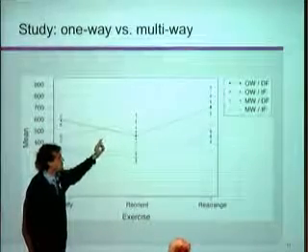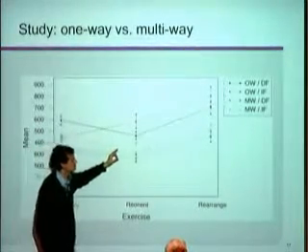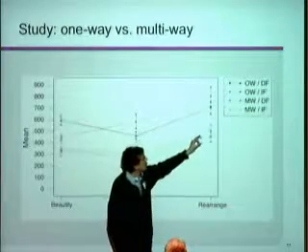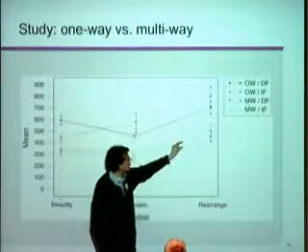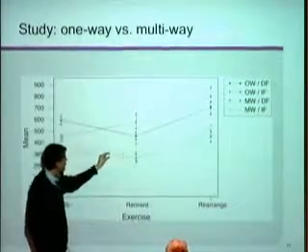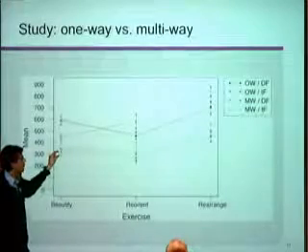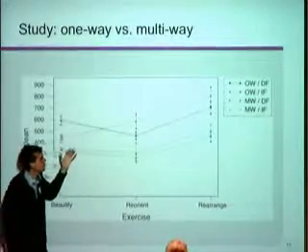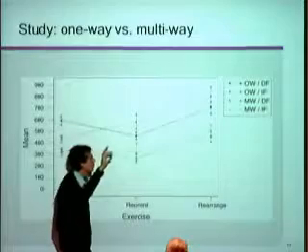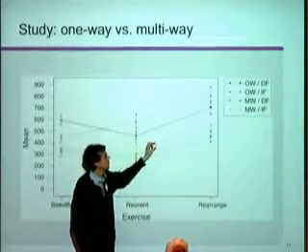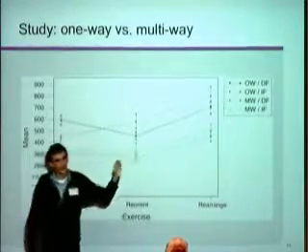What is perhaps particularly interesting here is that the delayed feedback versions were faster, and this is a trend, but it's not statistically significant, than the immediate feedback.